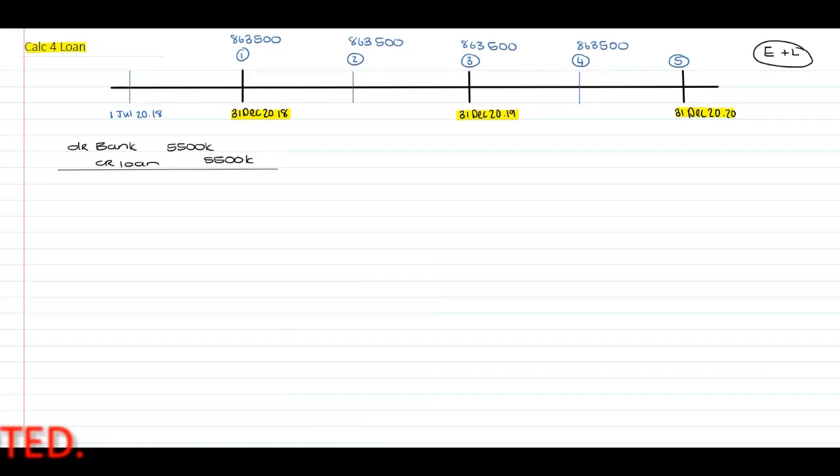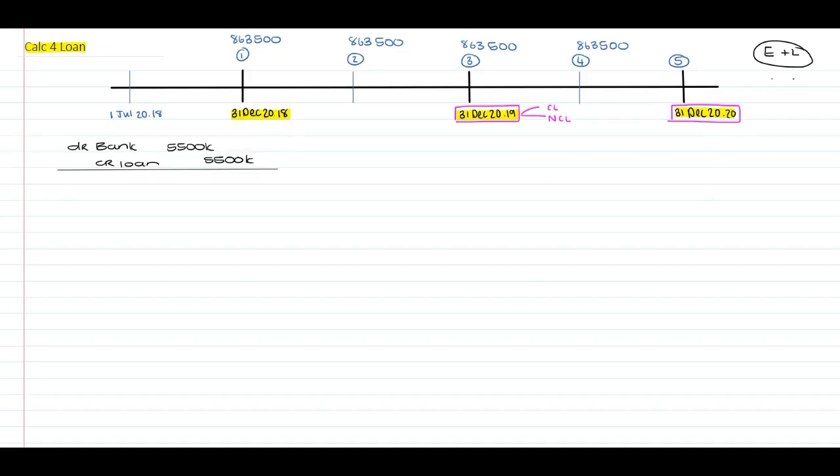Now, when we look at this for 2019 and 2020, in terms of my timeline, 31 December 2019 and 31 December 2020. Now, this is a loan, guys. Therefore, liability, we will have to identify the current liability and my non-current liability at the end of 2019 and 2020.